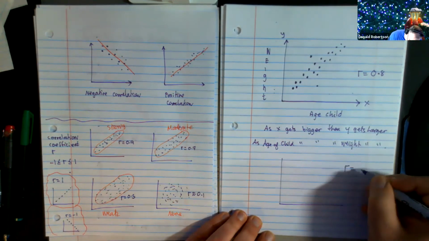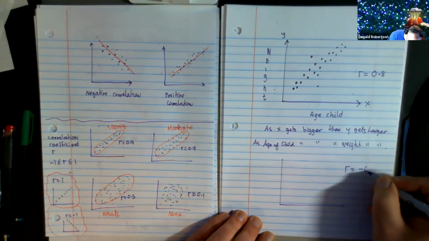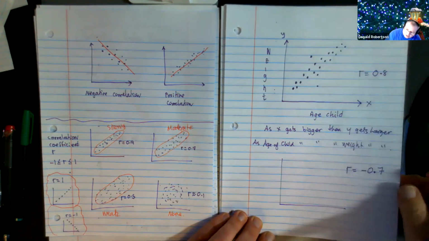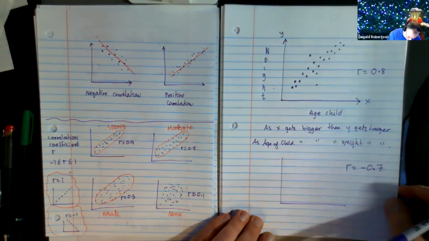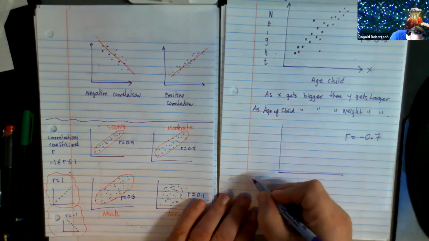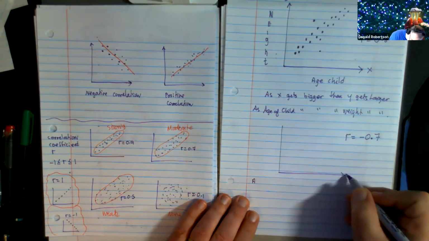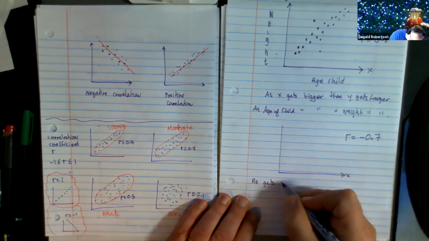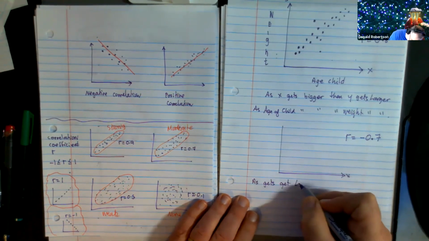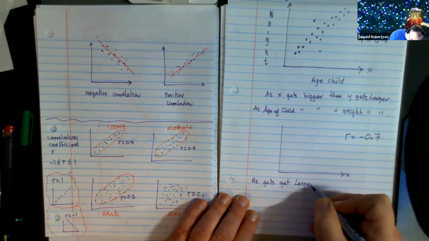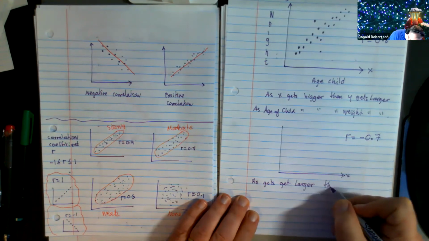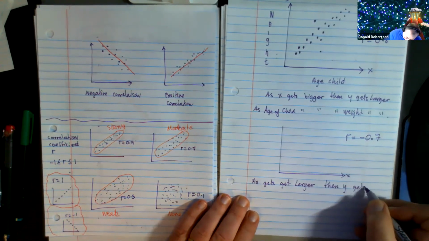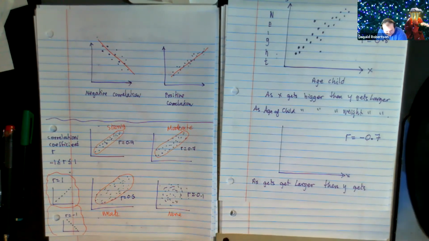Now, suppose I don't draw the scatter diagram, but I tell you its correlation coefficient is the number -0.7. As x gets larger, then y gets, insert missing word here.